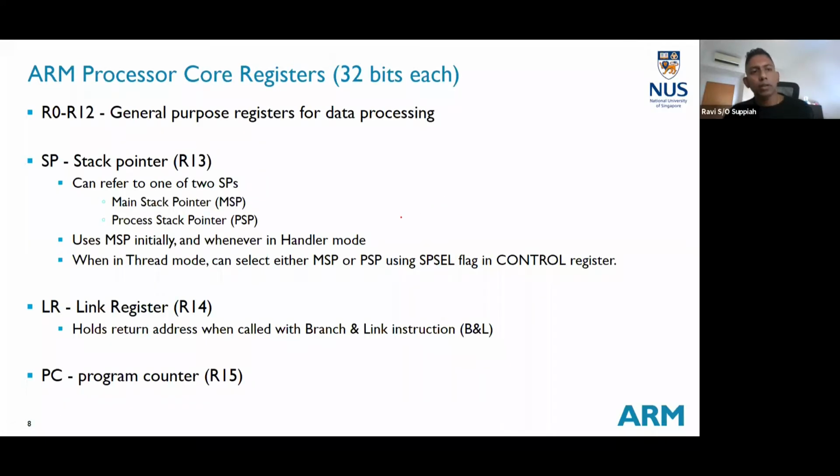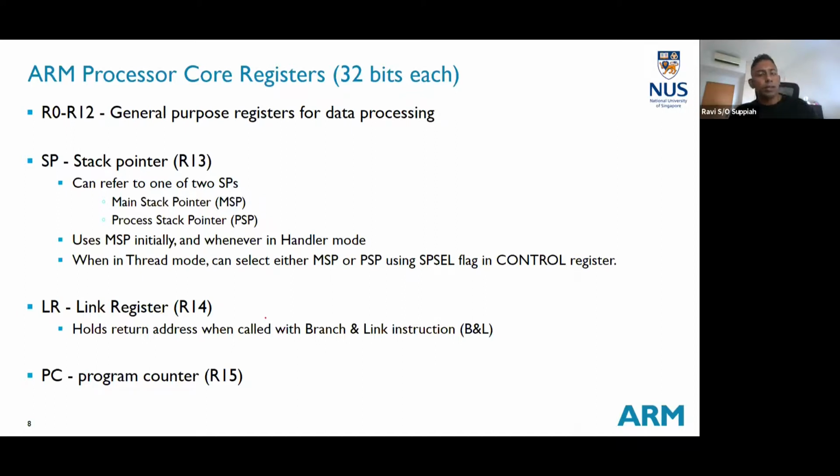In general, you have R0 to R12, general purpose registers for data processing. Then you have stack pointers. The stack pointer is basically to point to the stack. Whenever you jump to a function, you need to temporarily store data due to the processing of interrupts and so on. You also have a main stack pointer and a process stack pointer, depending on what you want to use.